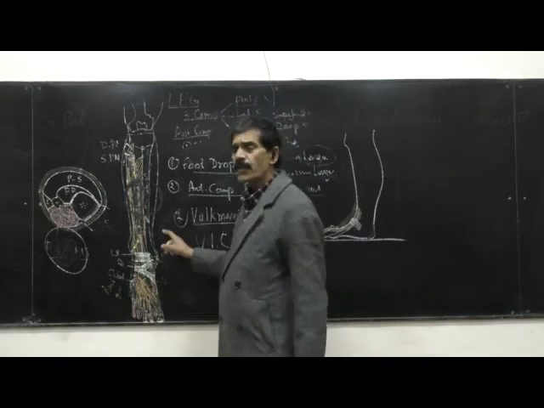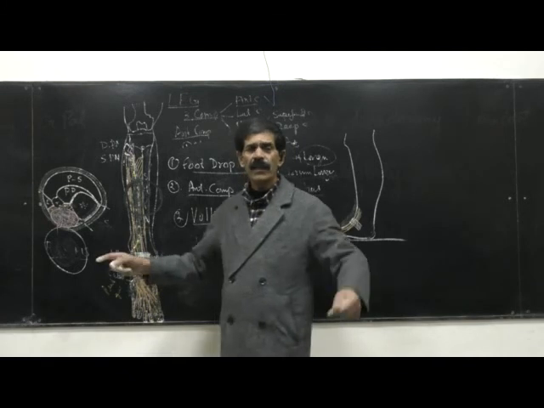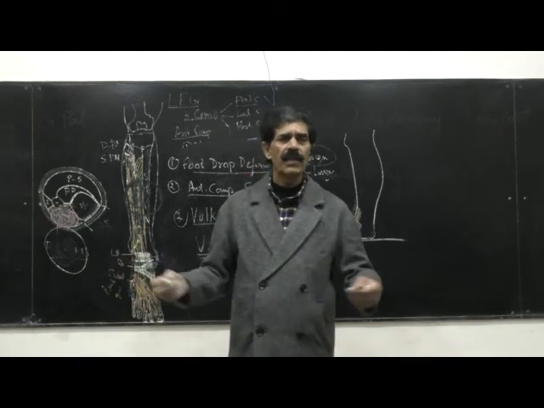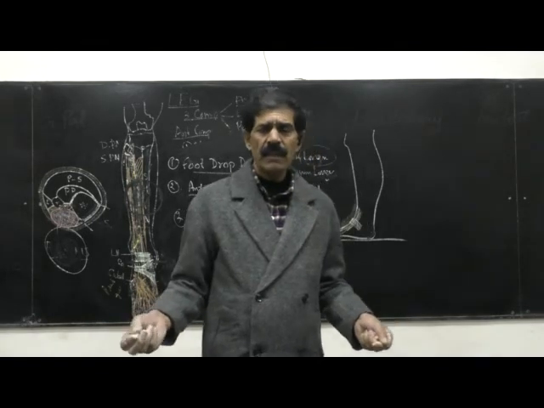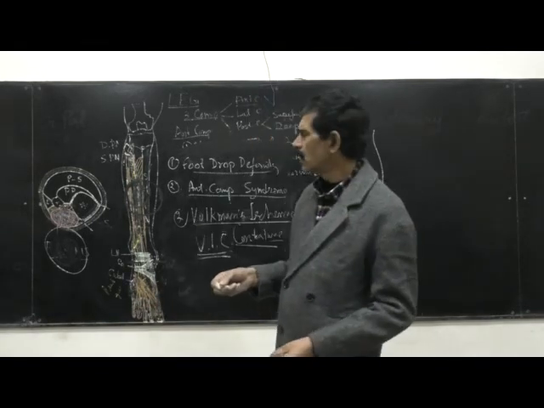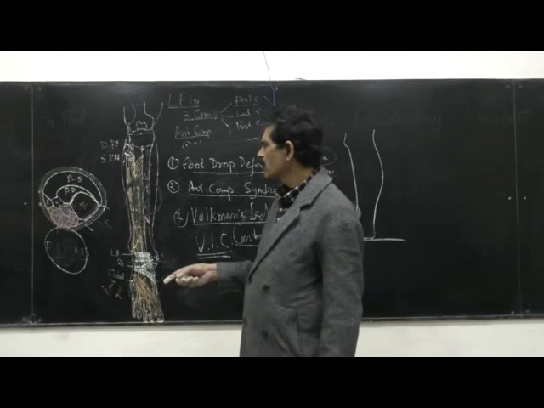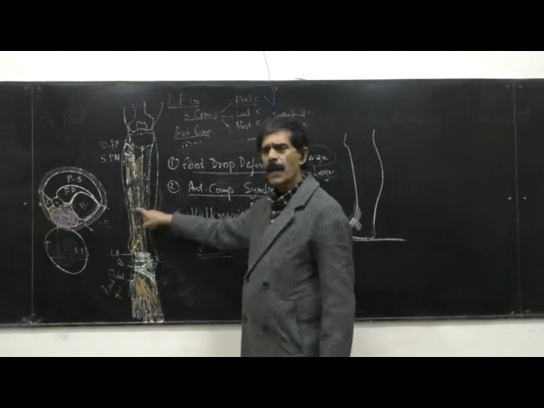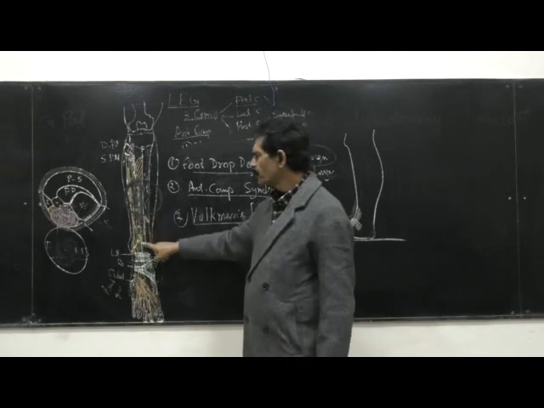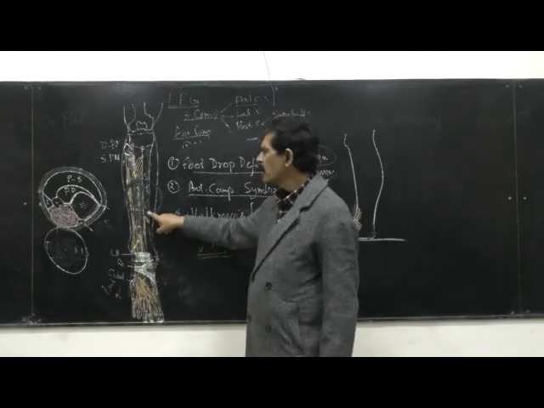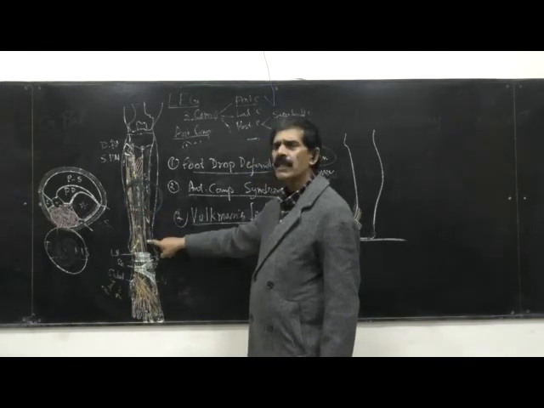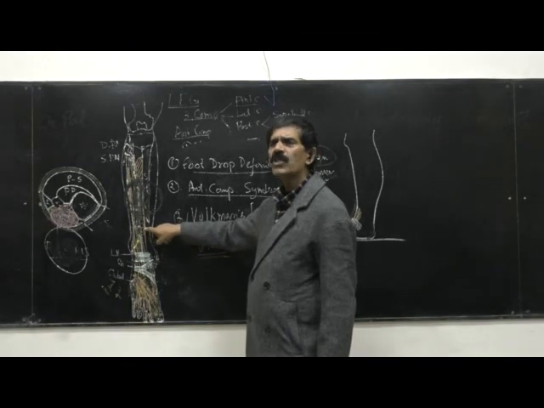Then what is the treatment? The patient comes late, after 7 to 10 days, the injury has occurred and the damage is already there. Then the surgical treatment is that first we remove the hematoma, then we cut the tendons of the anterior compartment and fix these tendons into a lower position, because they are already fibrous and non-functional.